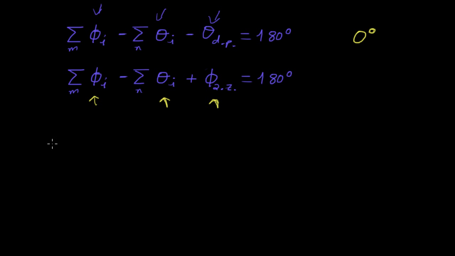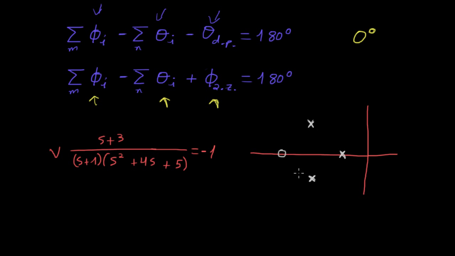So let's do an example and finish the video. In this example, there are 3 poles and 1 0. This is at -1, this is at -2 plus j, -2 minus j, and -3. So what is the angle of arrival to this 0? Very easy.